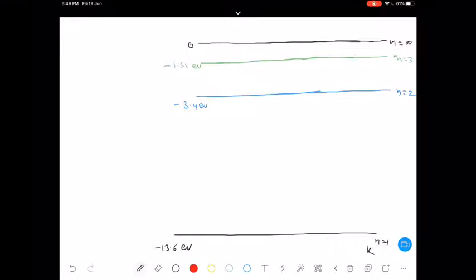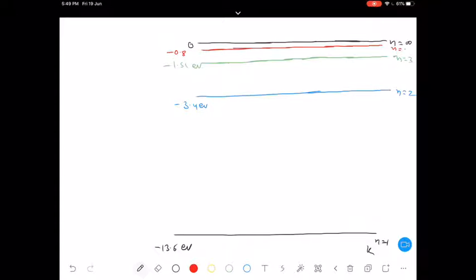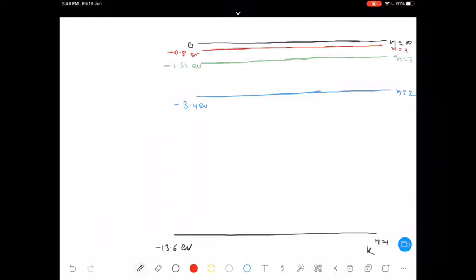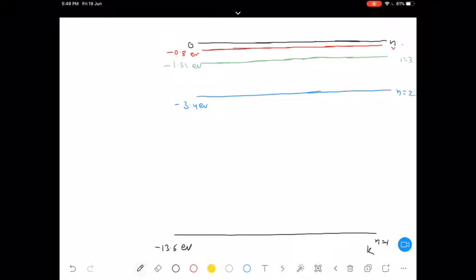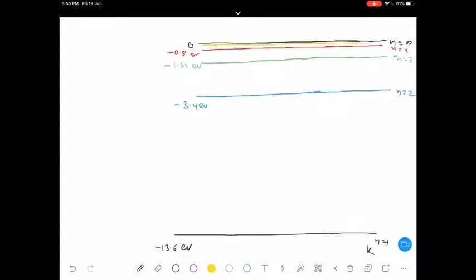Next I take n equals 4, energy will be minus 0.8 electron volt, like that. Correct. And then I can write n equals 5 and energy will be in this manner.